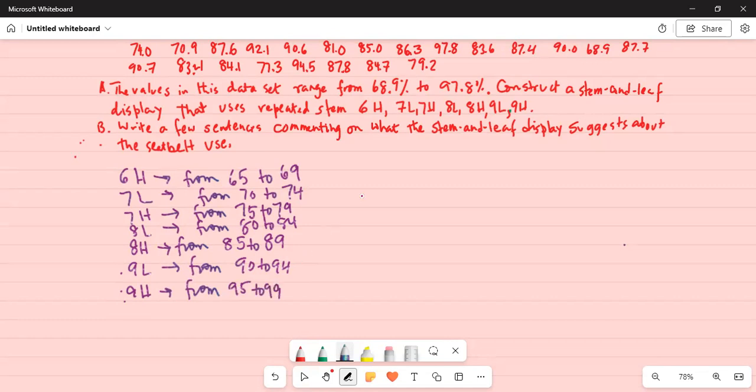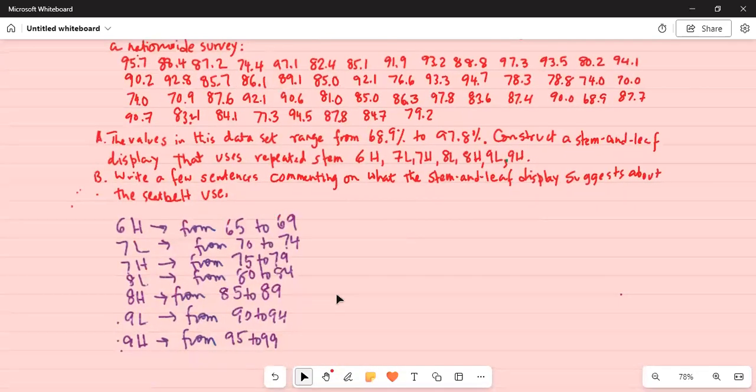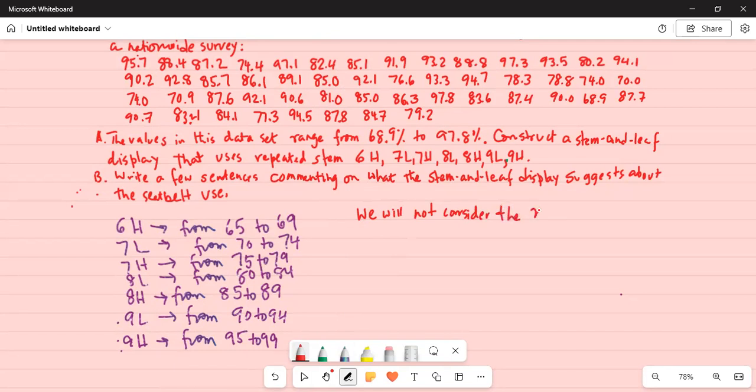Okay, so let's erase this. It says the values range in the data from 68.9% to 97.8%. So let's make a note of it. We will not consider the number after the decimal point.